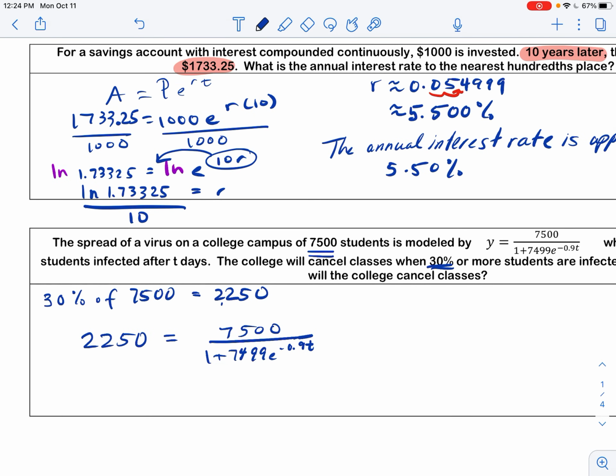So let's multiply both sides by the denominator. And we got 1.7499 e to the negative 0.9 t is equal to 7,500. And then we are going to go ahead and divide both sides by 2250.